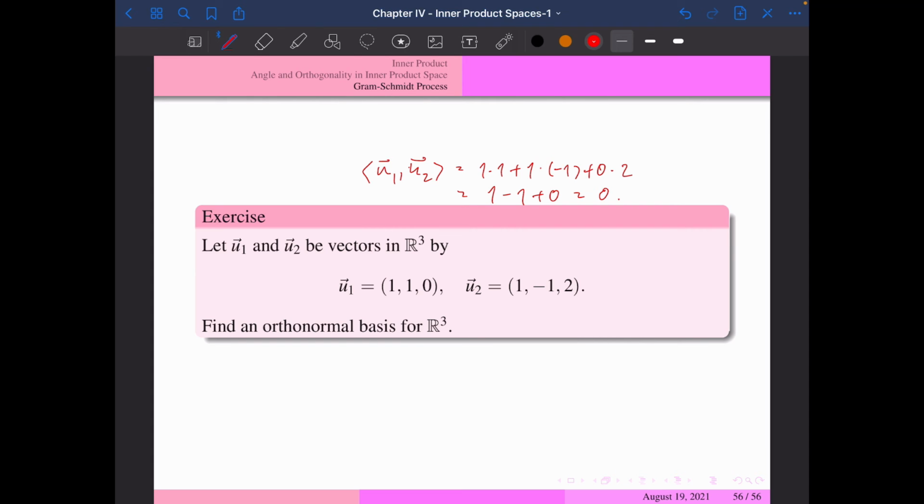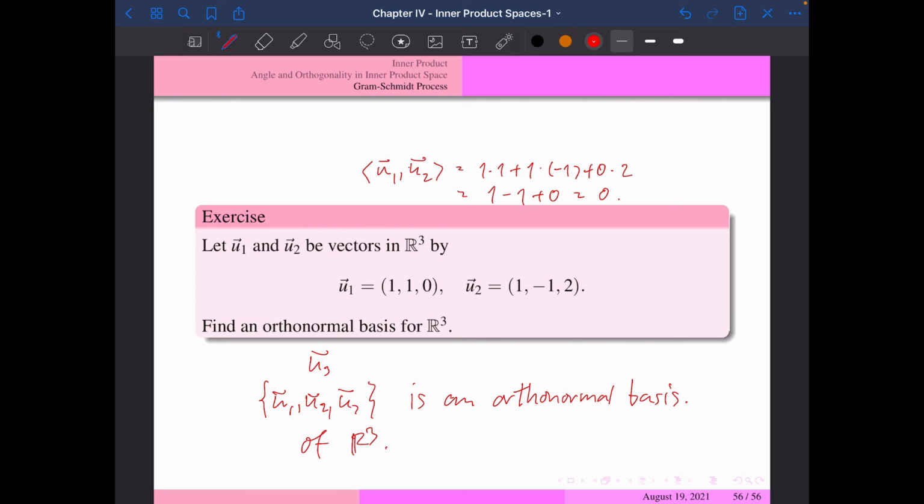And now we will find the vector u3 such that u1, u2, and u3 are a basis, and it's not only a basis, it is an orthonormal basis. So we will apply the Gram-Schmidt process.